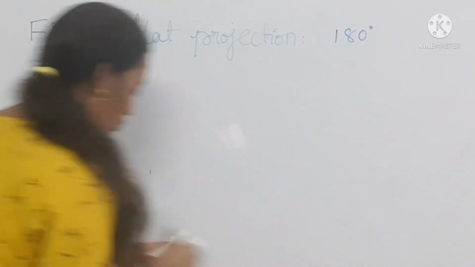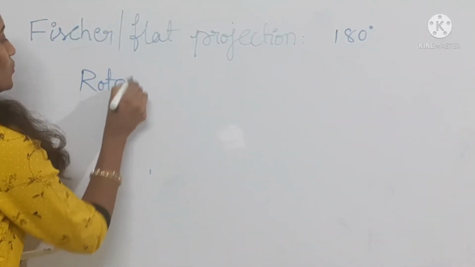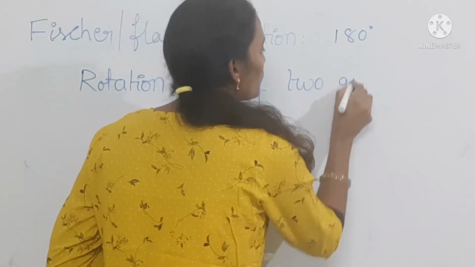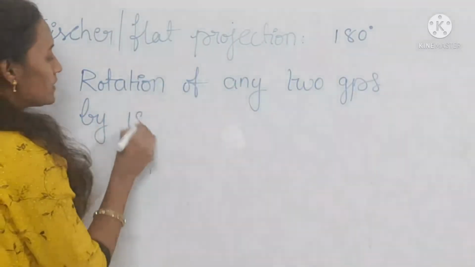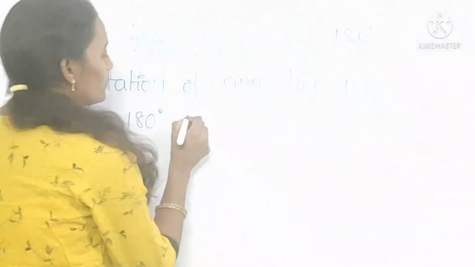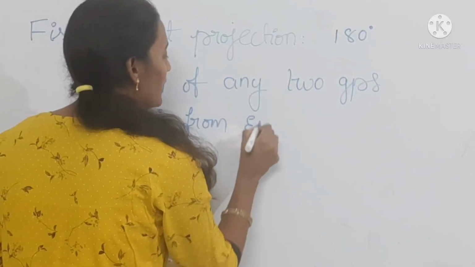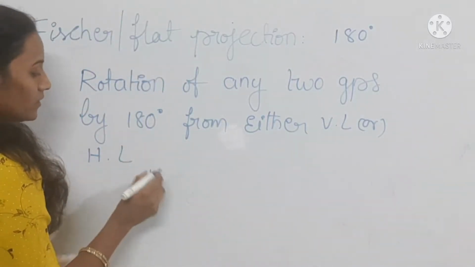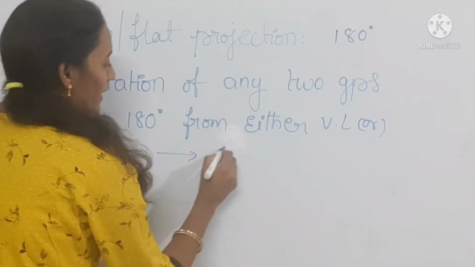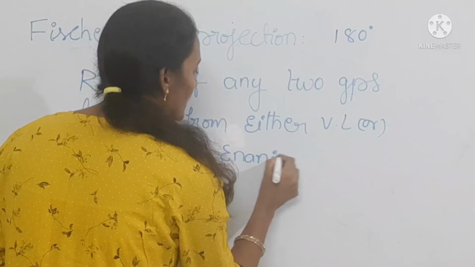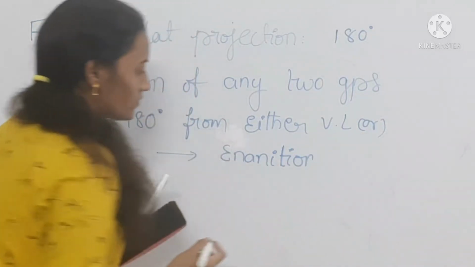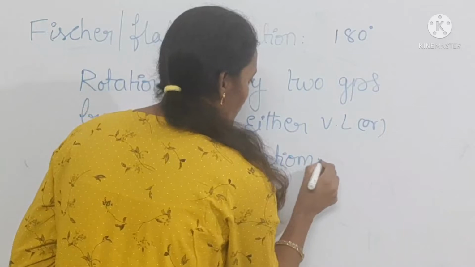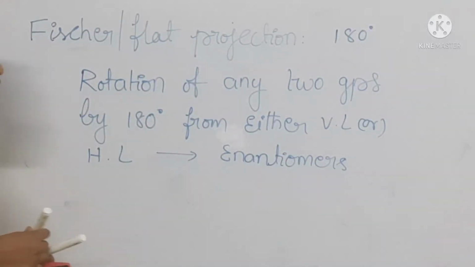Rotation or exchange of any two groups by 180 degrees, from either the vertical line or horizontal line, you will get the enantiomer of that isomer. Enantiomers. Okay, enantiomers.